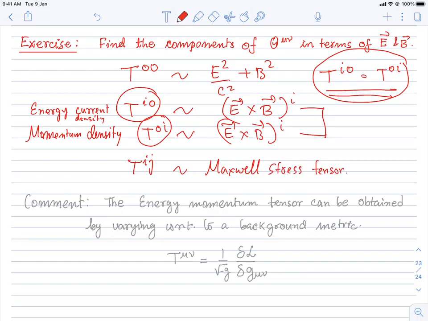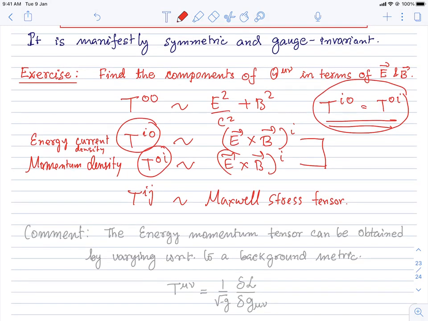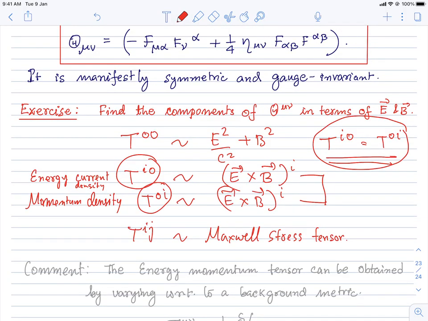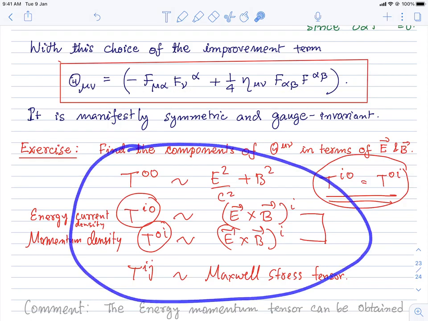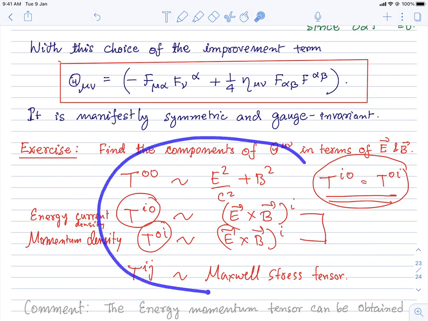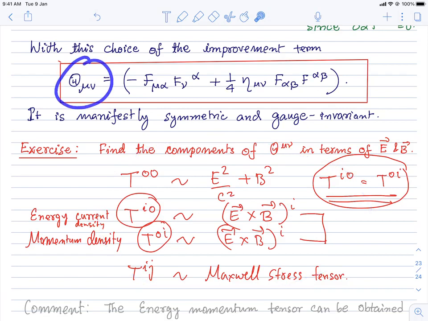You should be able to show this by using what F is in terms of the electric and magnetic fields, plugging it in here and demonstrating that this is the case. And all of this, the energy conservation equation, can be simply stated in a relativistically covariant way as del_mu T^{mu nu} equals 0. It's as simple a statement as this.